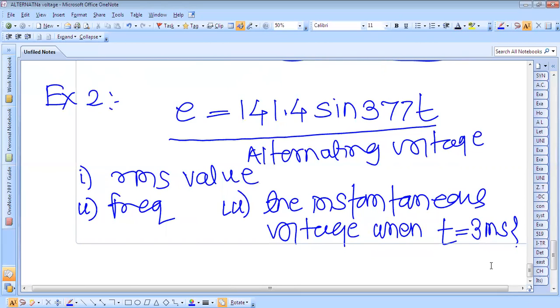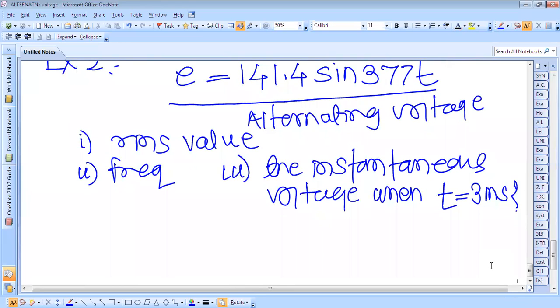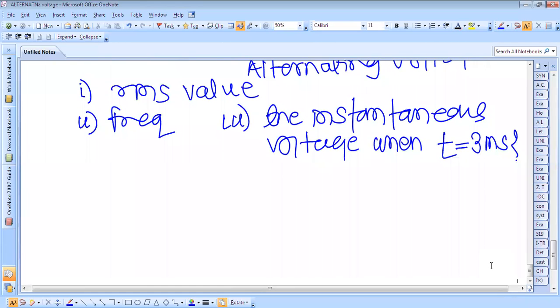millisecond. Sorry, it is 3 millisecond. So the equation given with you is like this. Vm, that is maximum voltage, is given. So we have to find the instantaneous value.